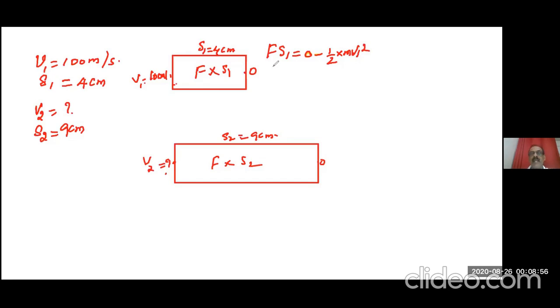Now for this plank, F into S2. Final kinetic energy again 0 minus half into same bullet we are hitting here, mass into V2 squared. Now if you divide these two, F will cancel. 0 anyway gone. Half cancels, mass cancels. Then S1 by S2.